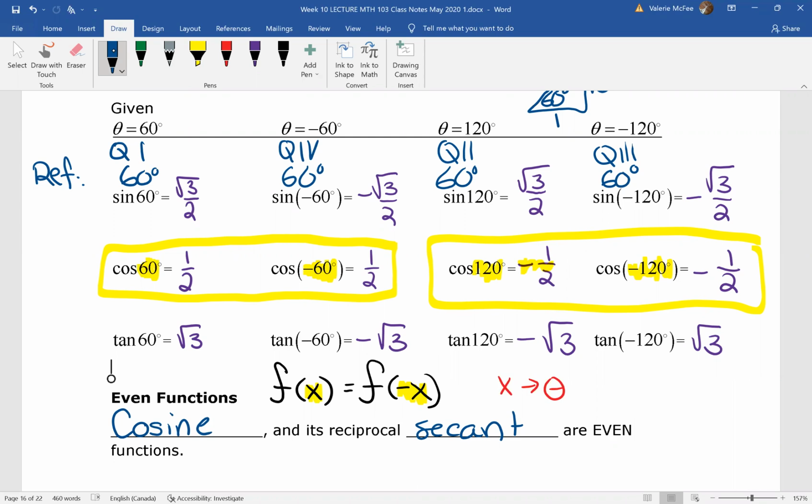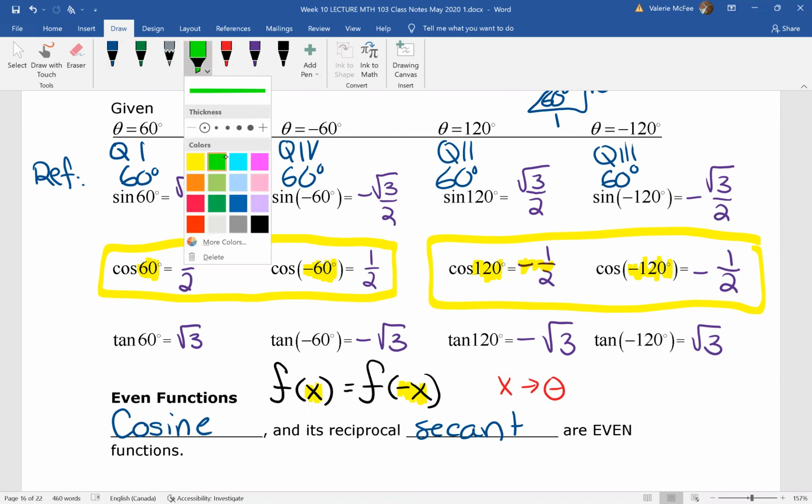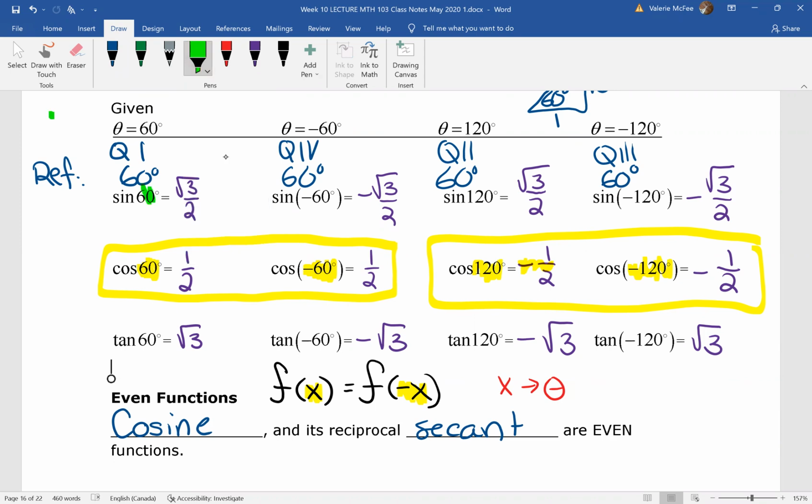Let's look at what's happening with sine. When I have a sine of positive 60, I have a positive answer. When I have a sine of negative 60, I have a negative answer. When sine is positive 120, I have a positive answer. When I have sine of negative 120, I have a negative answer. So I see that even when theta here is the opposite, my answers are the opposite.